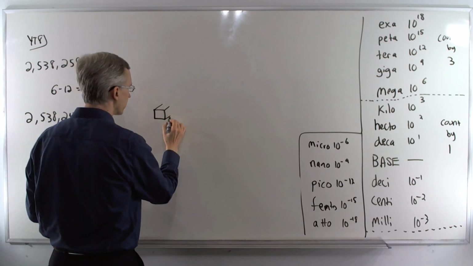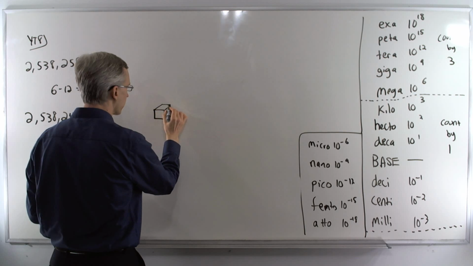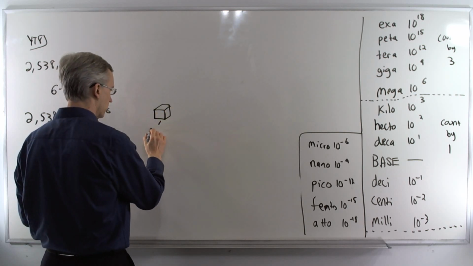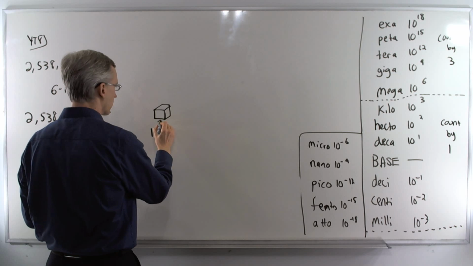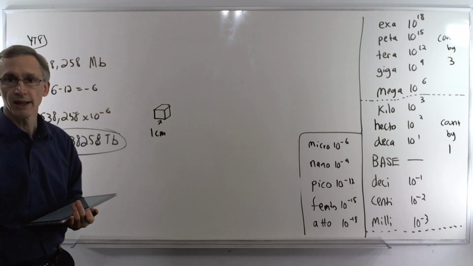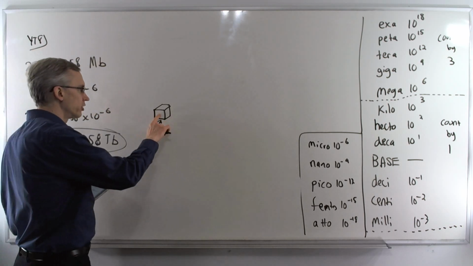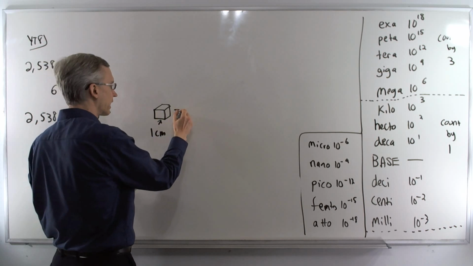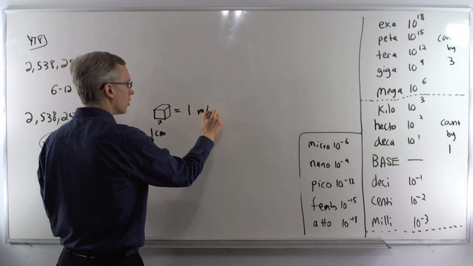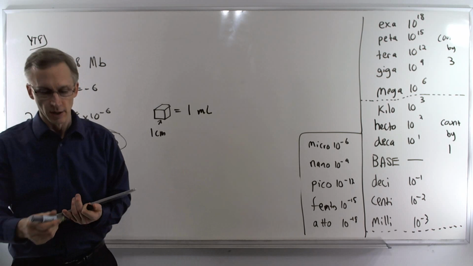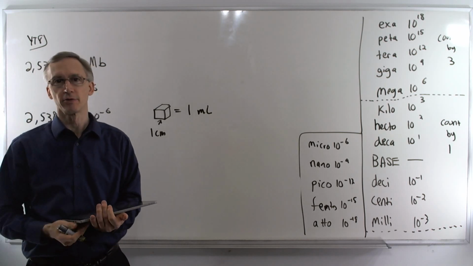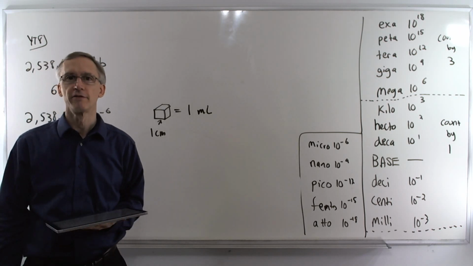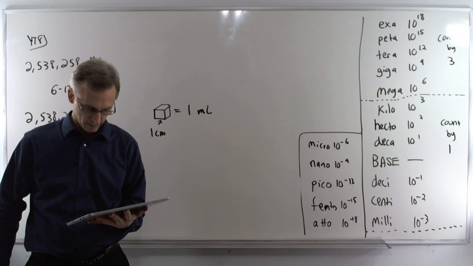It is a cube with 1 centimeter on all the sides. And as it turns out, if you fill 1 cube centimeter up with liquid, that equals exactly 1 milliliter. So cc is just a milliliter. So really the doctor is ordering 50 milliliters of adrenaline.